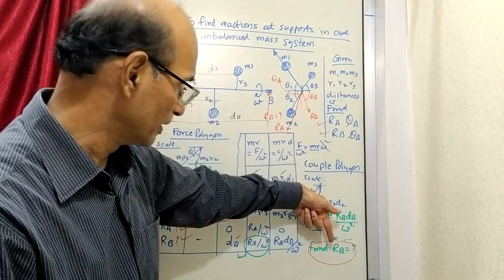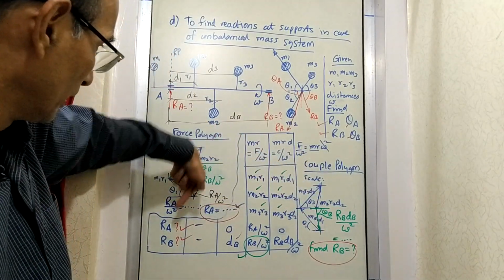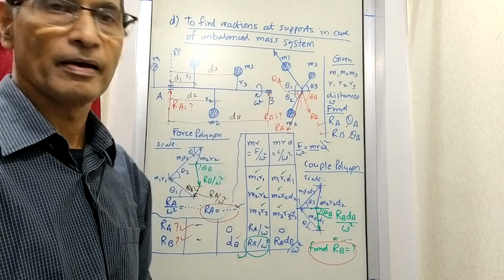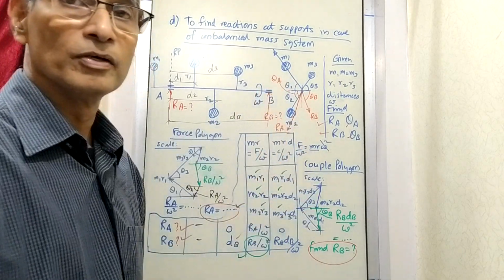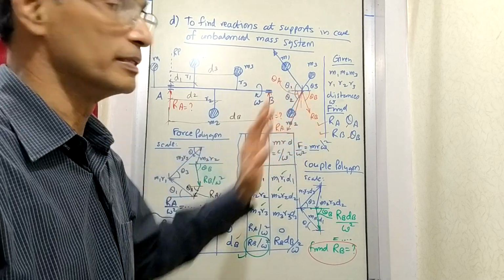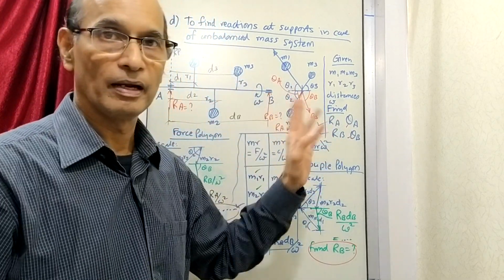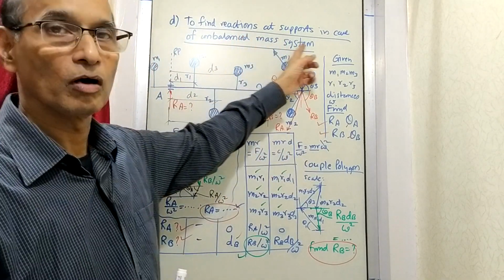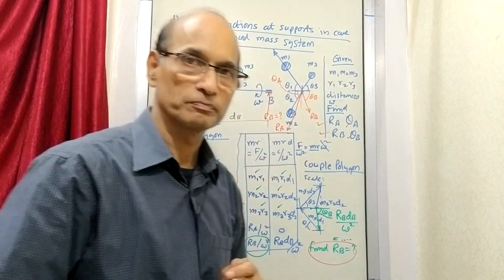So RB like this and RA like this, according to the angle that has come here, theta A and theta B. So the reactions at the supports are this, by their magnitudes and by their angles and directions. So this way we have completed the work of finding out the reactions at the supports when the masses are not balanced.